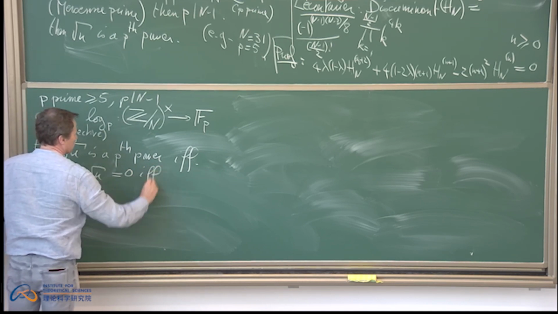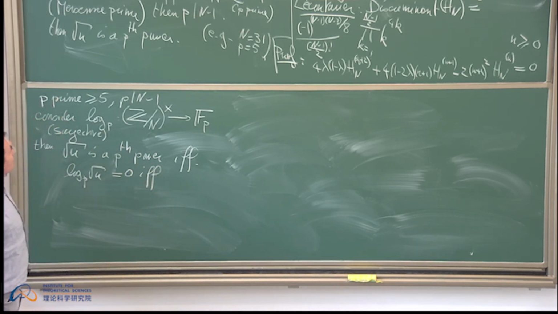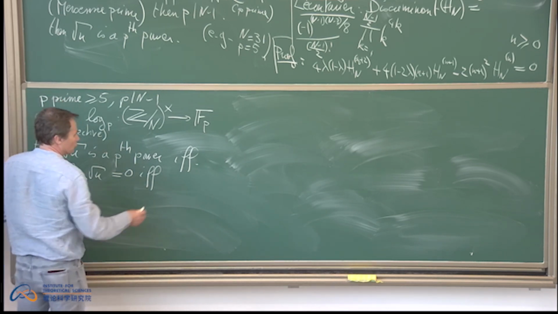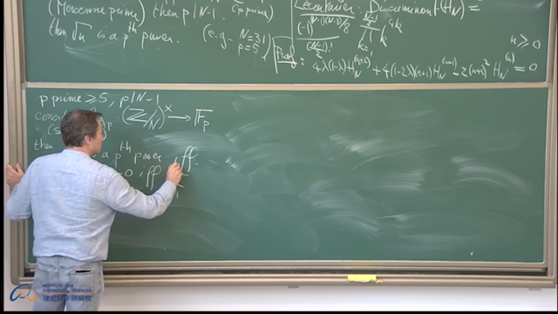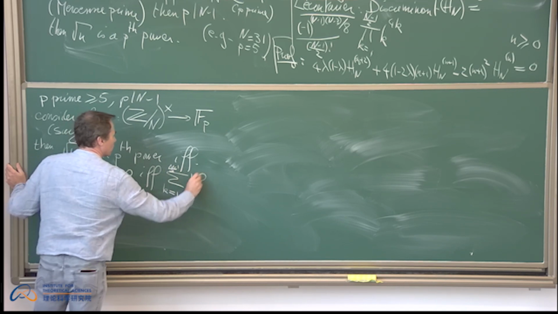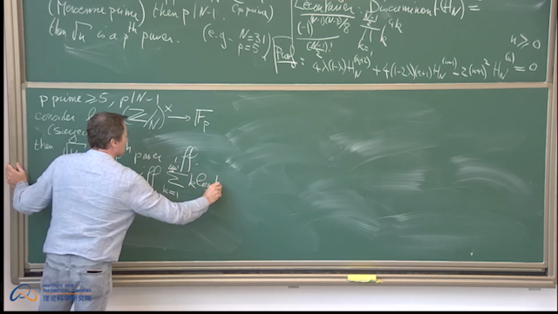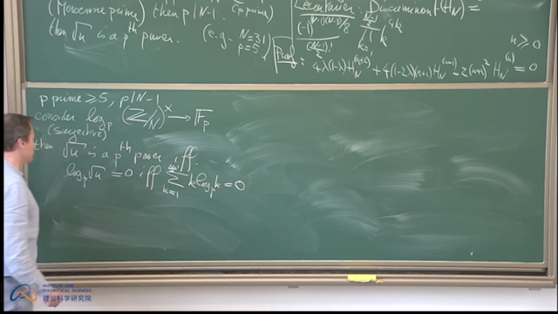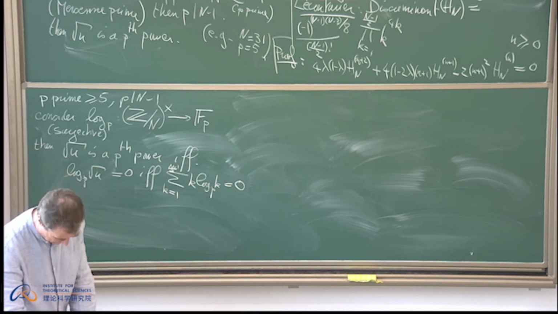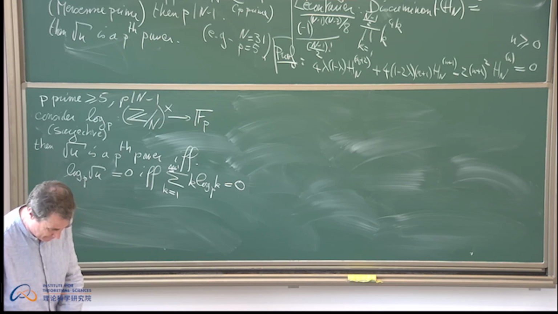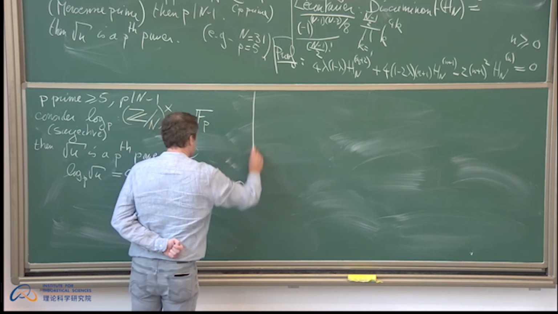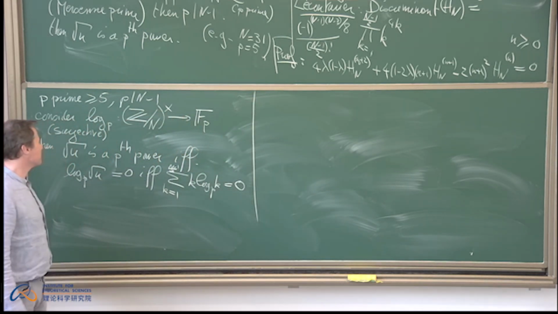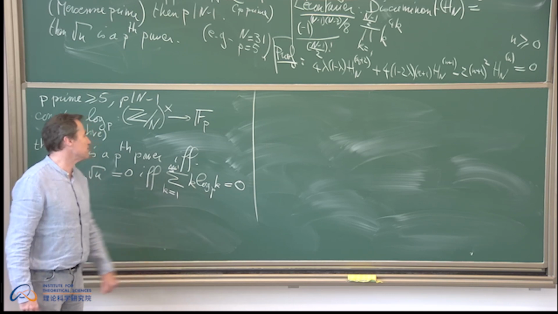But in terms, so leave aside the square root and cube root of unity, this amounts to the sum of k p of k equals 0. Okay. So let's try to find the meaning for this.